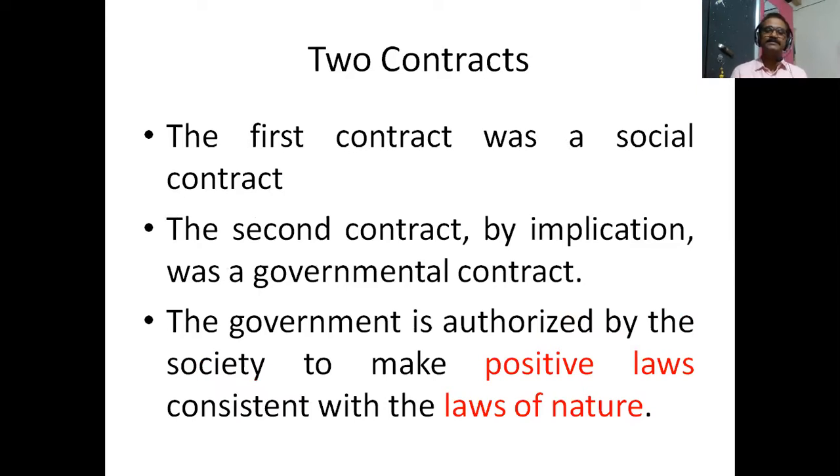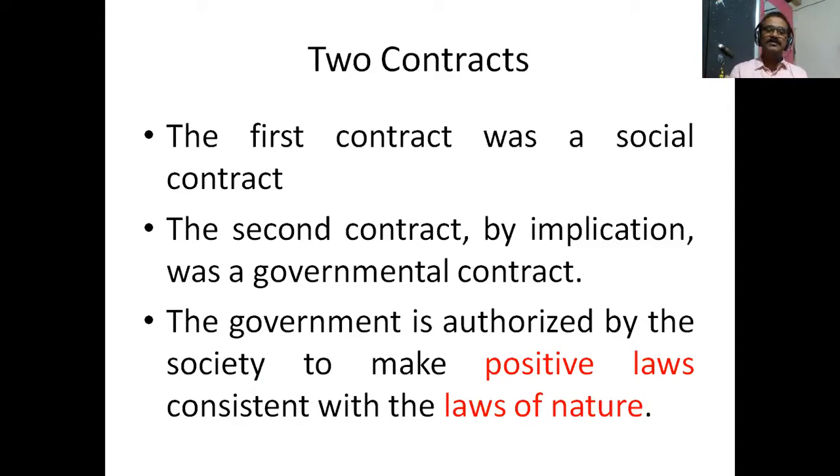One contract was they wanted to come out of the state of nature. The peace in the state of nature was precarious. They wanted to come out of it and establish a civil society, a state. So that was the first important thing. The important thing is that they wanted to protect the theory of the natural rights, the three natural rights. For that, they entered into a contract.